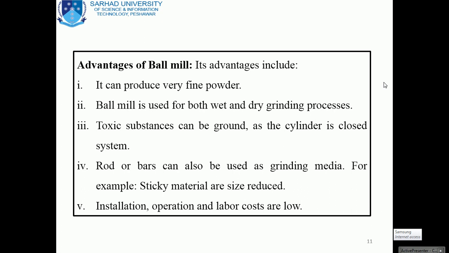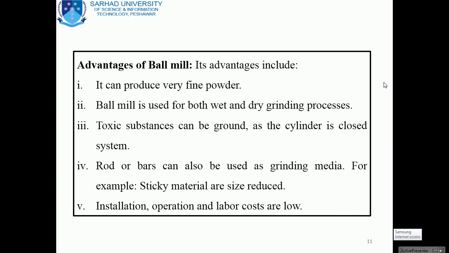The third advantage of the ball mill is that toxic substances can be ground. The particle size reduction of substances which are toxic in nature is safely processed, as the cylindrical composition of this mill is a closed system, and the chances of contamination to the environment are prevented.